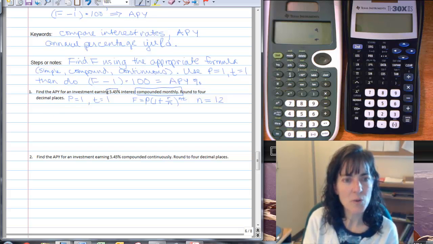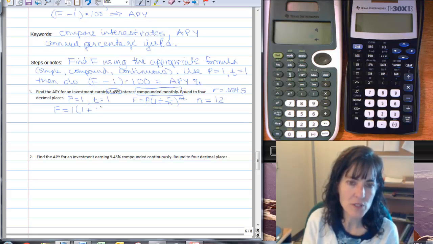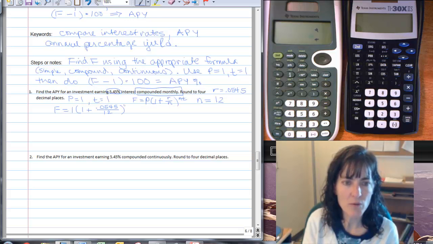I also know that I have 5.45% interest, so that's going to be R equals 0.0545. So my F equals 1 for the P times the quantity 1 plus R, which is going to be 0.0545, divided by N, which is 12, raised to the 12 times T, which is 1.